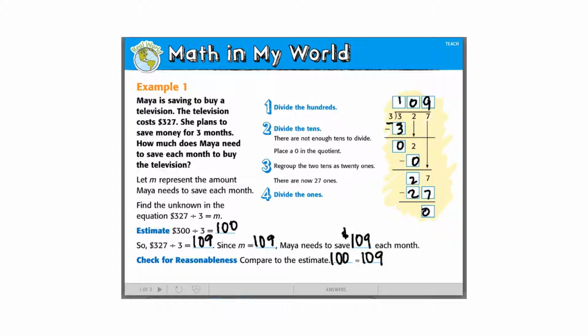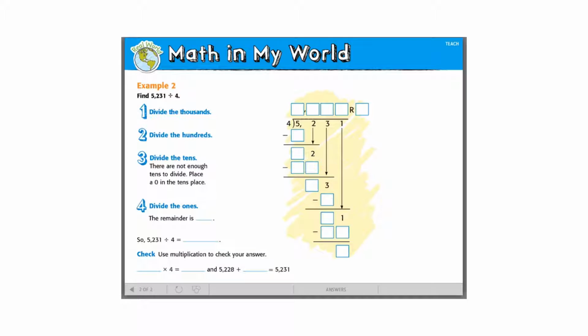Now, if you got 19 as your answer, that would be a place where you'd want to stop because you said, my estimate's 100, but I only got 19, so maybe I did something wrong, like maybe I forgot a 0. That's what your estimate is really good for, just double checking.